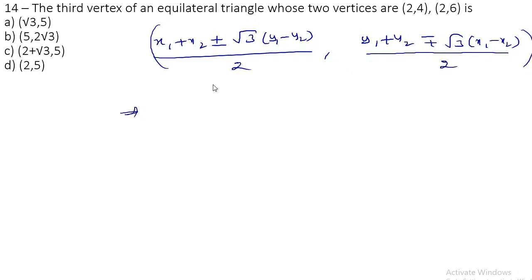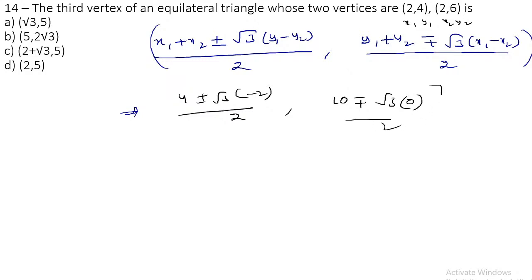So this implies x1, y1 and x2, y2. So x1 is 2 and x2 is 2. 2 plus 2, 4 plus or minus root 3 into y1 minus y2, 4 minus 0, is minus 2 by 2 comma y1 plus y2, 10, minus or plus root 3 into x1 minus x2 is 0 by 2.